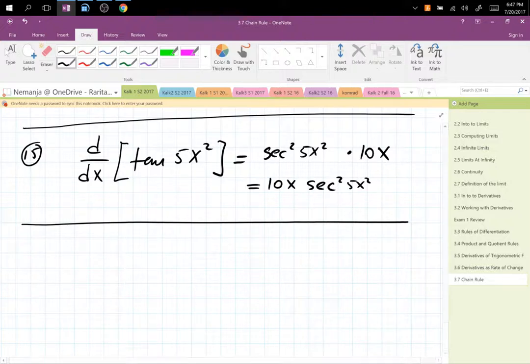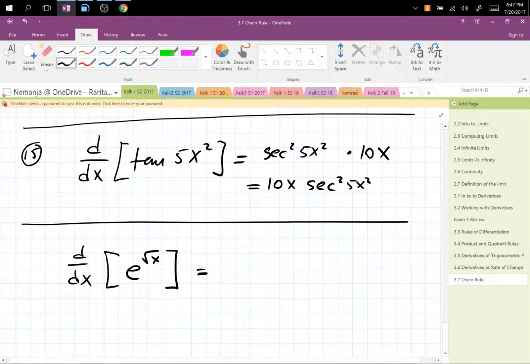The next one is e to the square root of x. Like you need something with some longer range, you know? Like one of those squirt guns in the water. Ready.